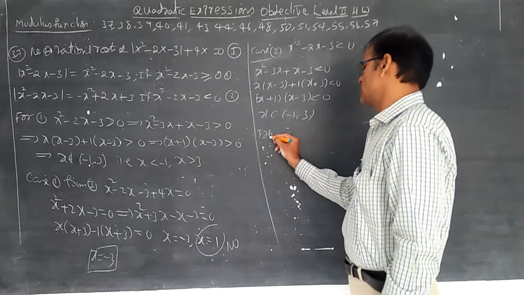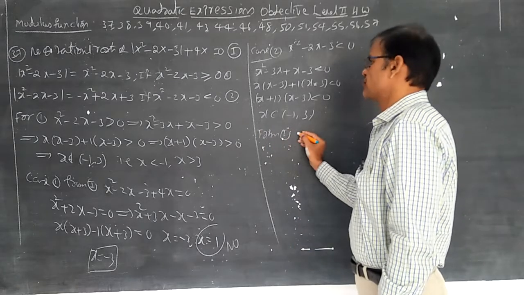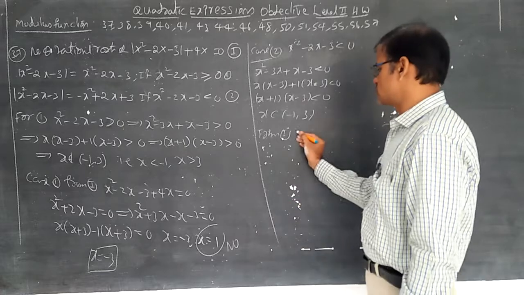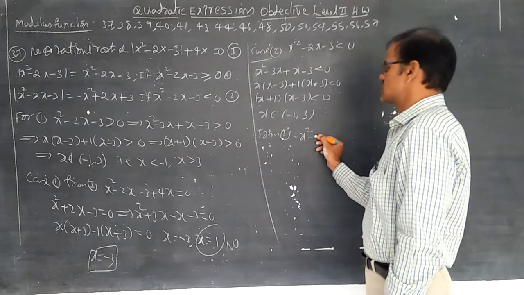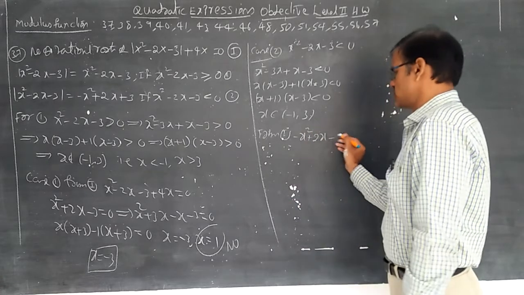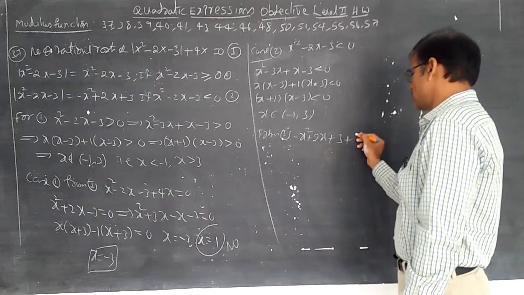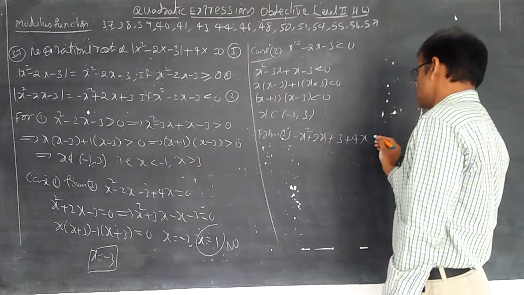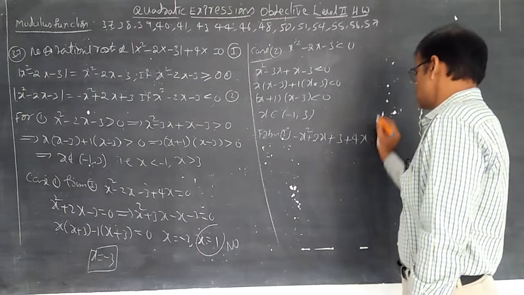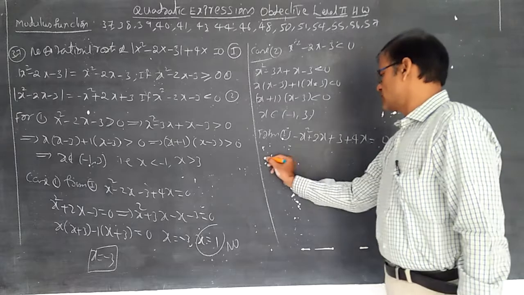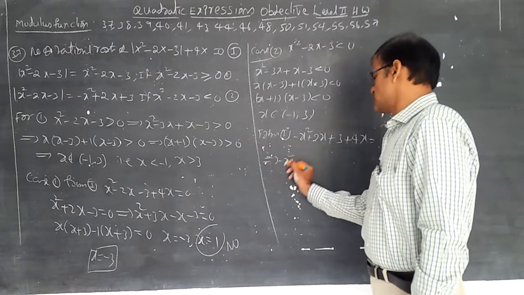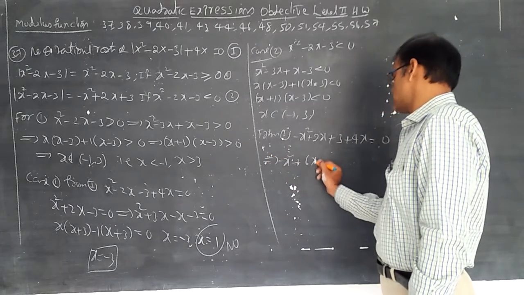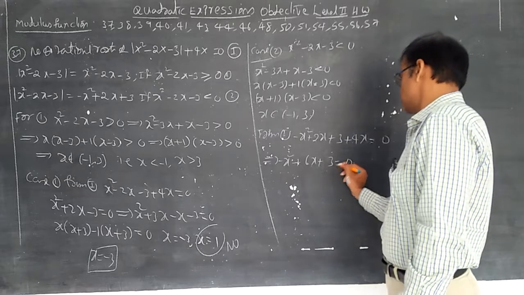From 1, take the negative value, students. So minus x square plus 2x plus 3 plus 4x is equal to 0. That implies minus x square plus 6x plus 3 is equal to 0.